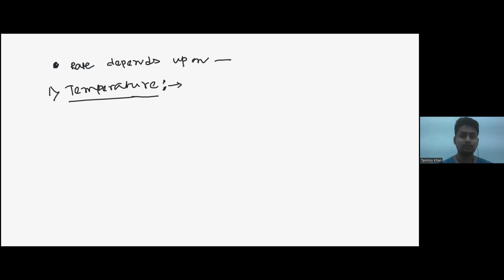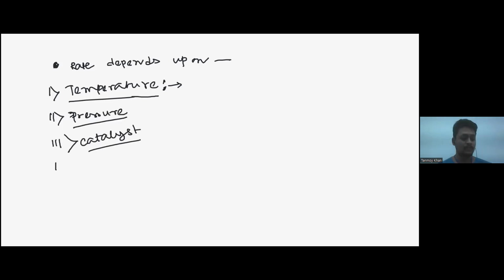Similarly pressure. The presence of a catalyst can alter the rate, and similarly an inhibitor. The difference between a catalyst and an inhibitor is that one catalyzes or makes the reaction faster, while the other hinders the reaction kinetics. That is called an inhibitor.